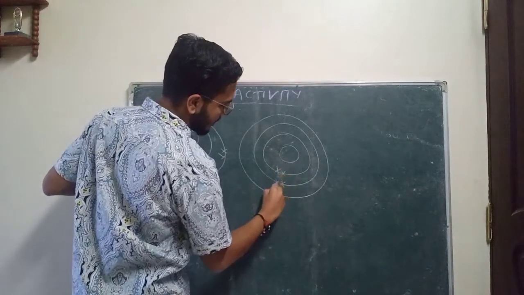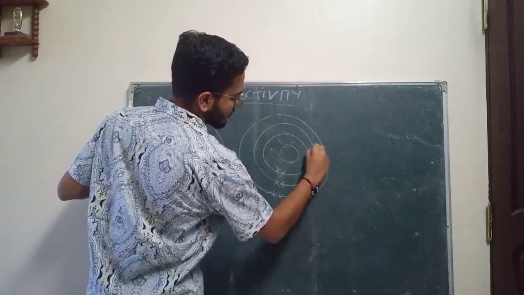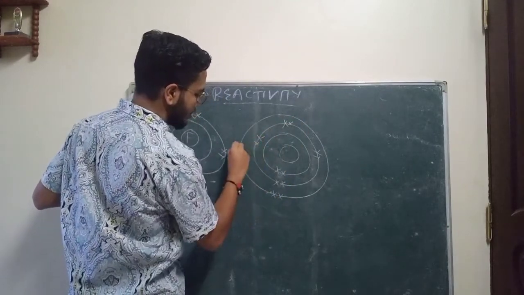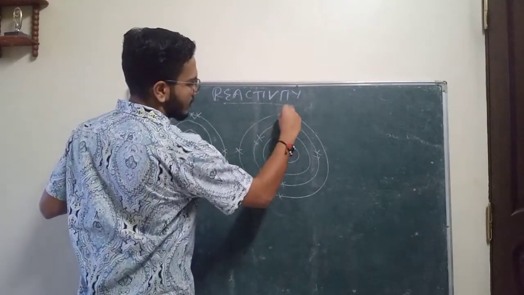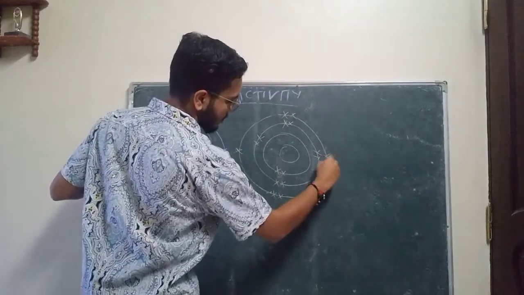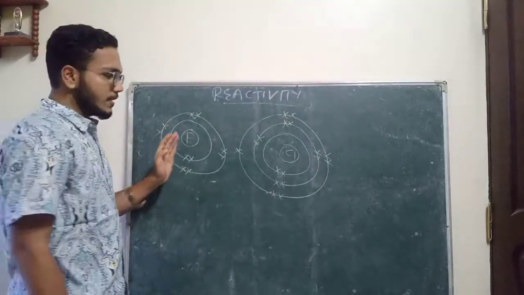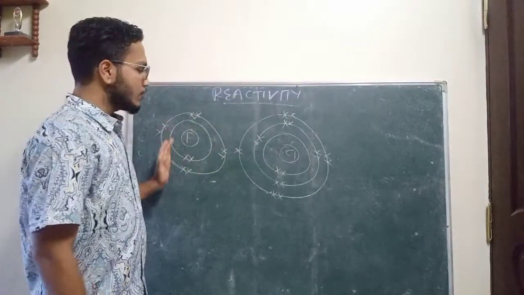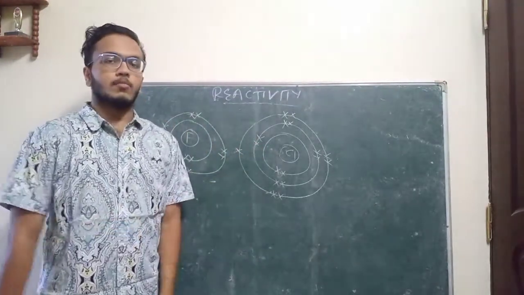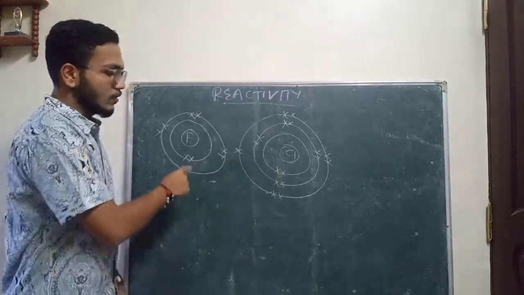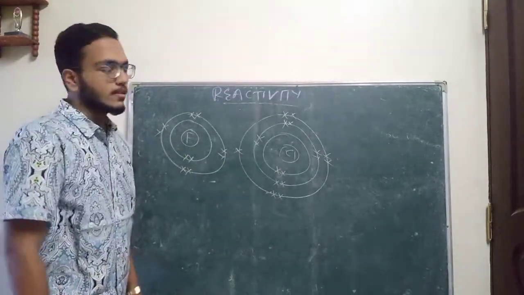And 2,8,7. This is a fluorine atom, this is a chlorine atom. Which atom has a large atomic radius? Of course, the chlorine atom with 3 energy levels, then the fluorine atom has only 2 energy levels.